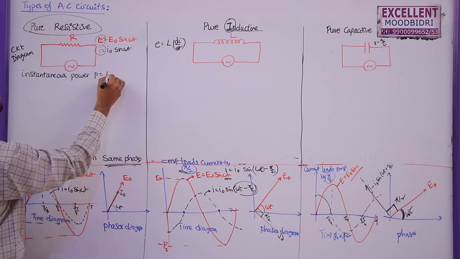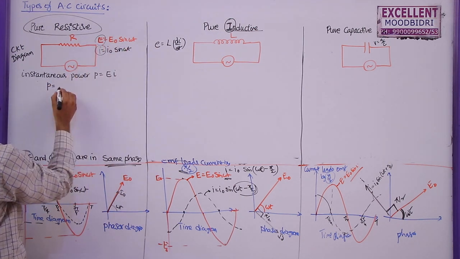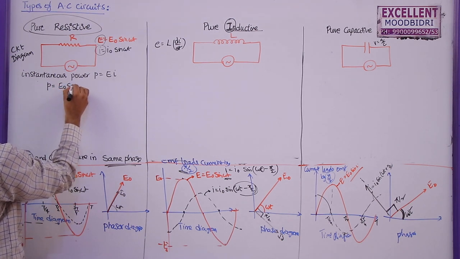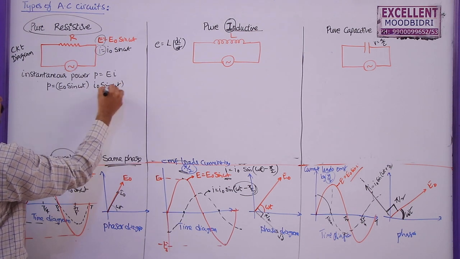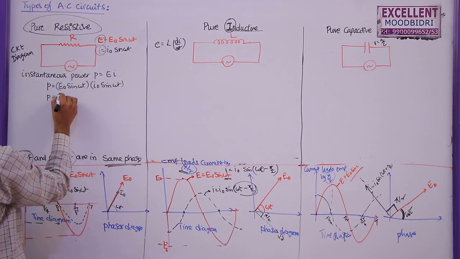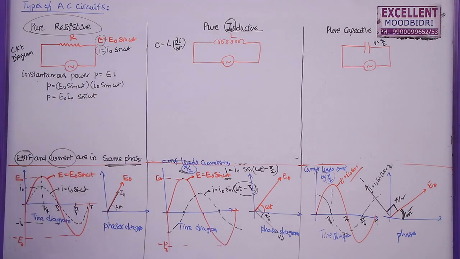Instantaneous power is given by the product of E into I. So power P is E naught sin omega t into I naught sin omega t, so power is given by E naught I naught sin square omega t.